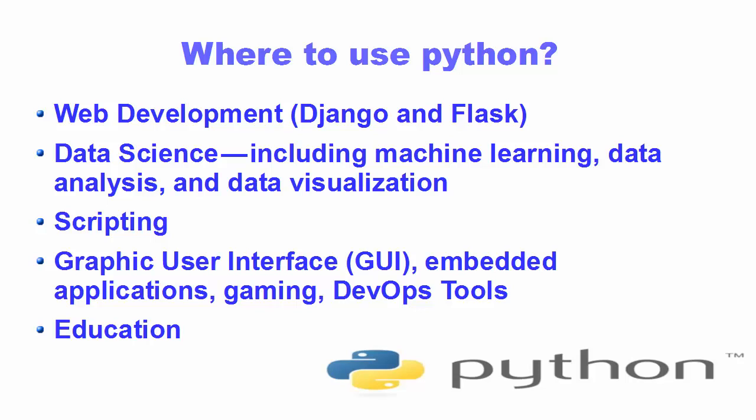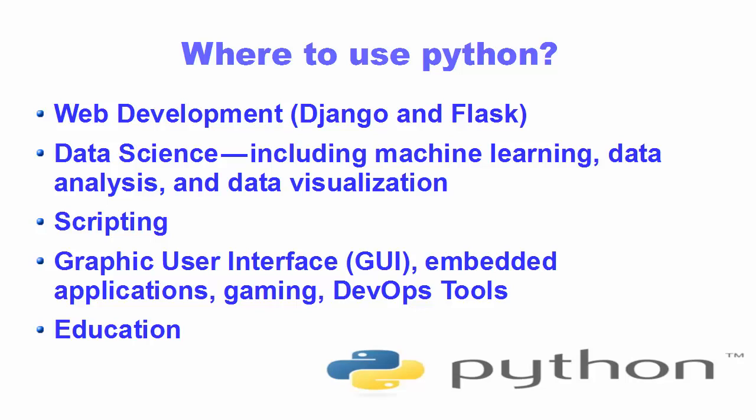So where can you use Python? Because Python is a general purpose programming language, it is used in many web development frameworks. For example, Django and Flask recently became very popular for web development. Now, Python is also widely used in scientific computing, data mining, and machine learning. And continued growth and demand for machine learning developers may be driving the popularity of Python.